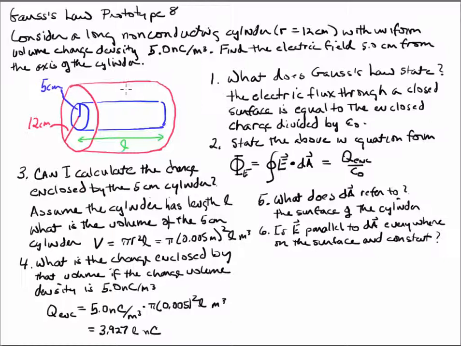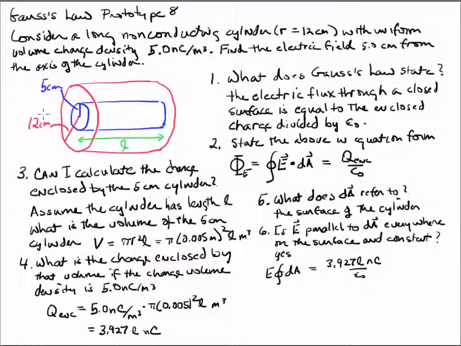Is E parallel to dA everywhere on the surface, and is it constant? Once again, pause the video, think about it, draw an arbitrary dA on the surface, and then the way in which you think the electric field is going. Yes, it is.